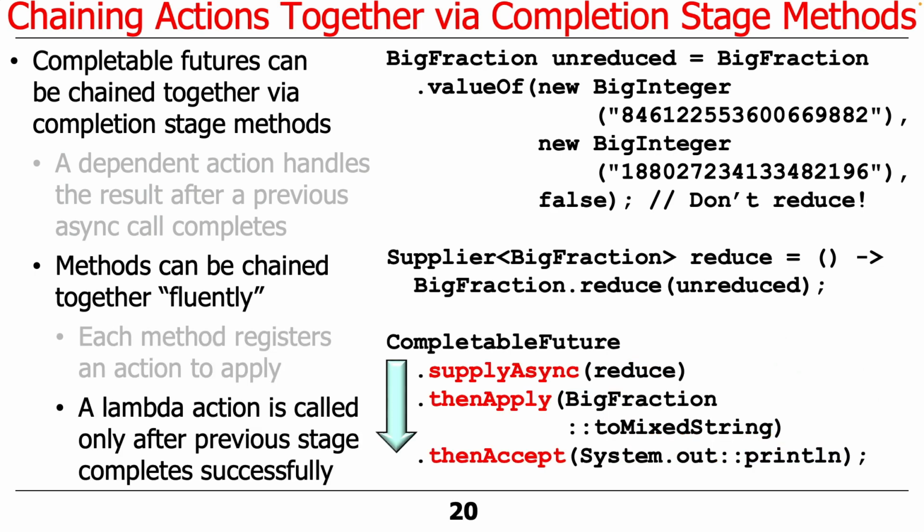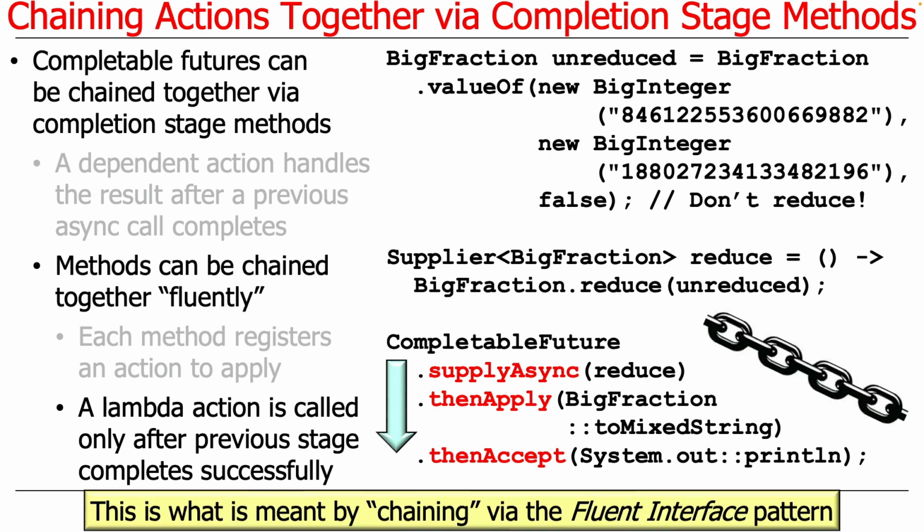These actions, either lambda expressions or method references or whatever, are only called after the previous stage completes successfully. And that, of course, raises the question, what happens if things go wrong? We will talk about that, though not today. And so when we talk about chaining things together using the Fluent Interface pattern, that's what we mean.